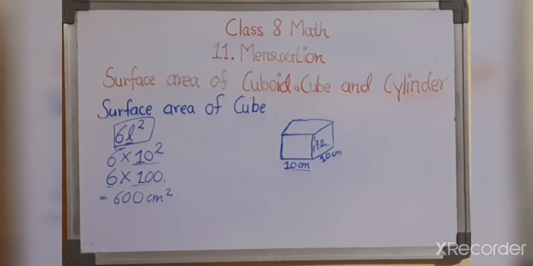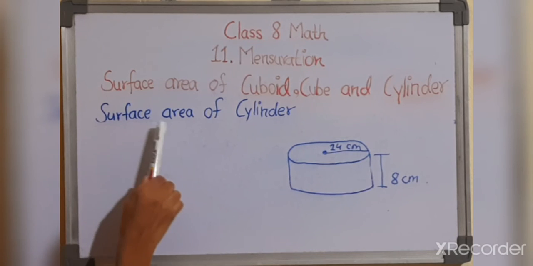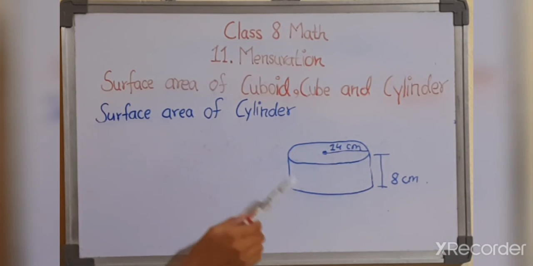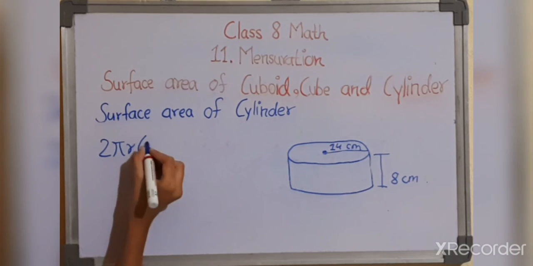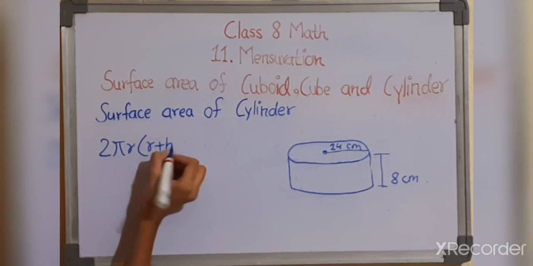Now we will be seeing how to find the surface area of a given cylinder. Surface area of cylinder. Here a figure of a cylinder is given and we will be seeing how to find the surface area of this. So the formula to find the surface area of a given cylinder is 2 pi r in bracket r plus h.